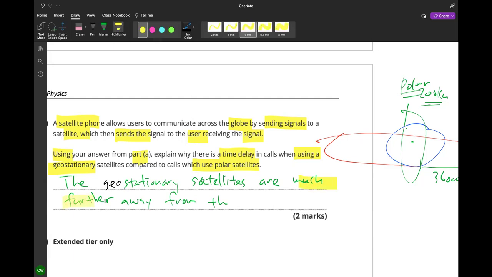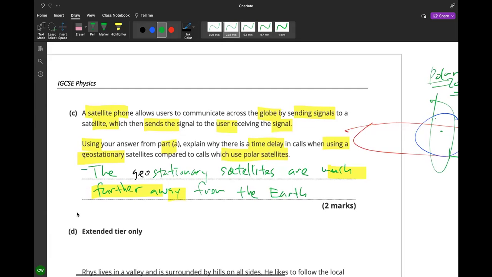Much further away from the Earth. Okay, so it takes a longer time to travel.